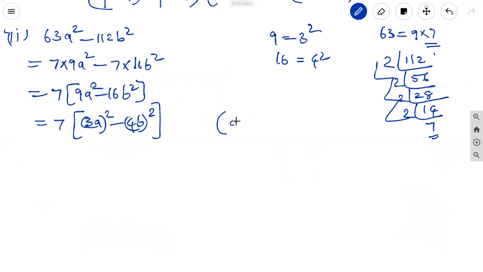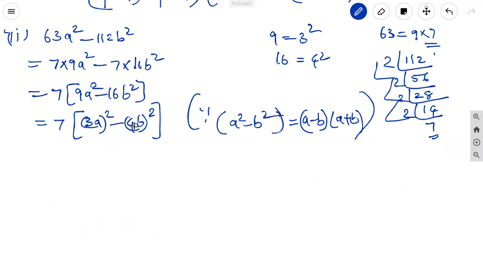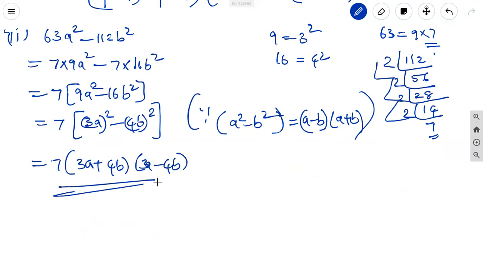Here we use the identity a square minus b square equal to a minus b into a plus b. Here what is a? 3a is a. What is b? 4b is b. So 7 into (3a plus 4b) into (3a minus 4b) are the factors.